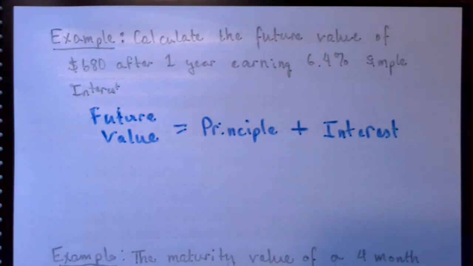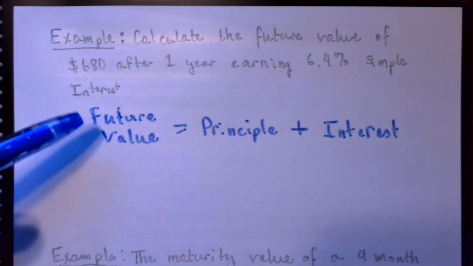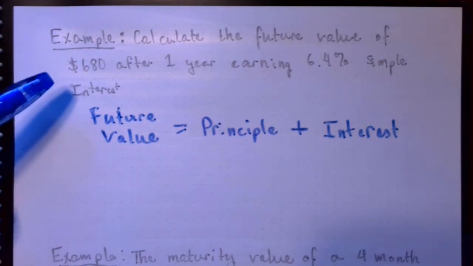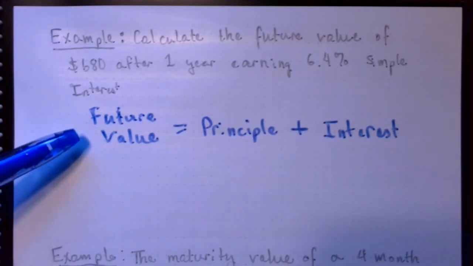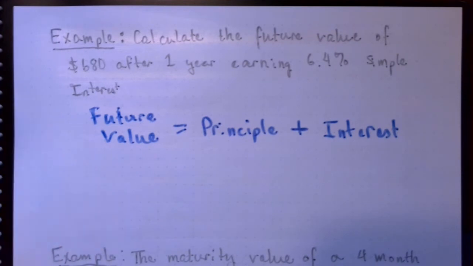When you're talking about a loan that you have to pay off, this is called the maturity value. If you're talking about the value of a deposit that you're earning interest on, it's called the future value. Okay, so principal plus interest.